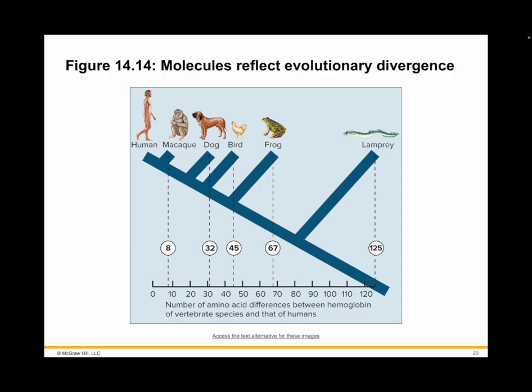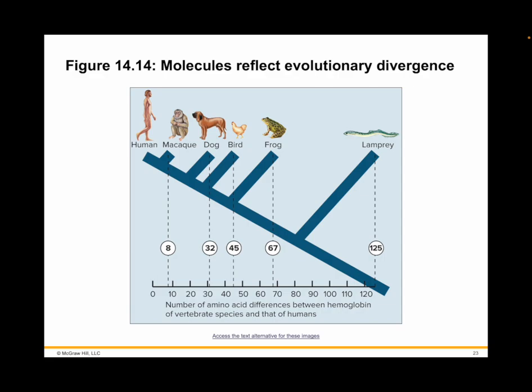This same pattern of divergence can clearly be seen at the protein level, comparing the hemoglobin amino acid sequence of different species with the human sequence, as I'm showing you now. You can see that the species more closely related to humans have fewer differences in the amino acid sequence of their hemoglobin.